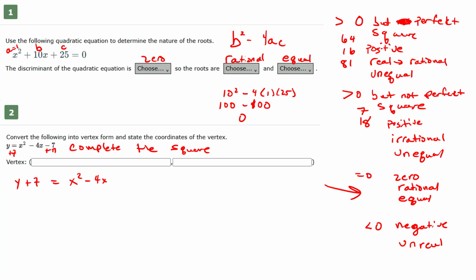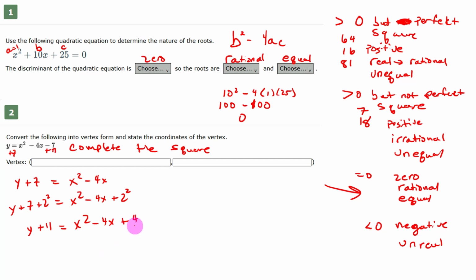Then we take half of 4, which is 2, and square it, and add it to both sides. So this is y plus 11 equals x squared minus 4x plus 4.